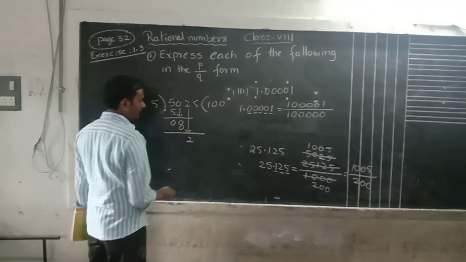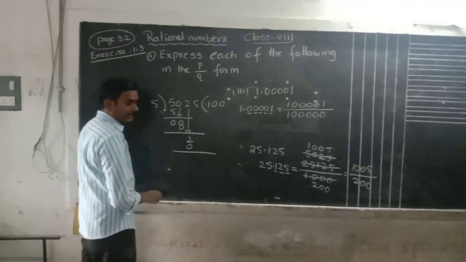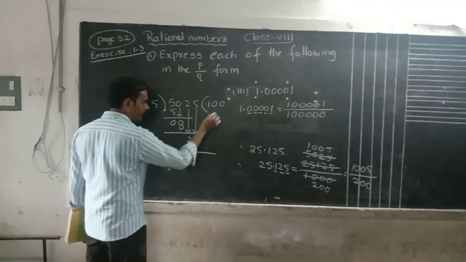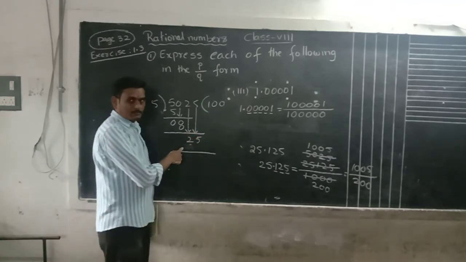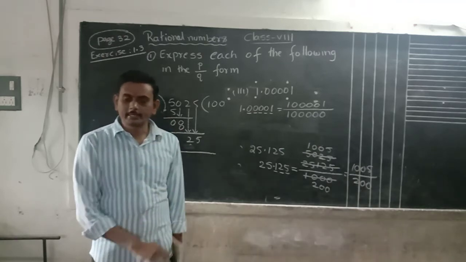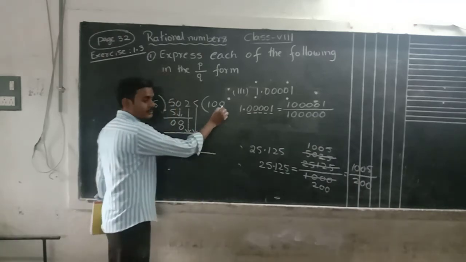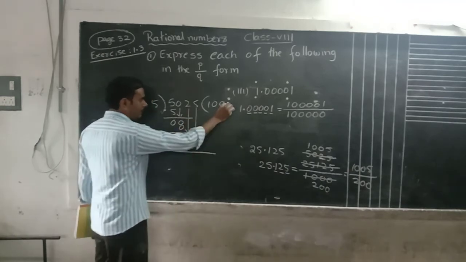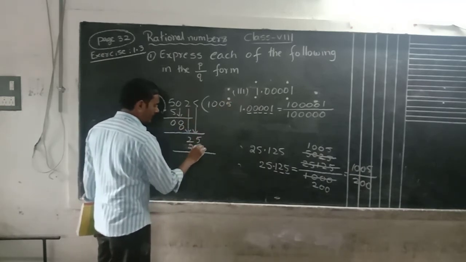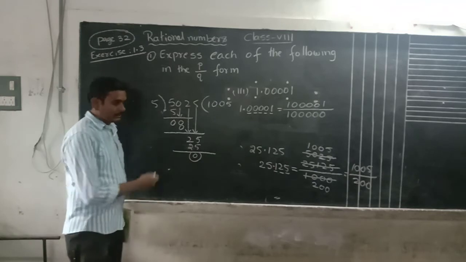Again 5 2 will not divide. Otherwise, if you want to take the second digit, take 0 at the quotient place. Take down 5, 5 5s are 25. Remember like this.